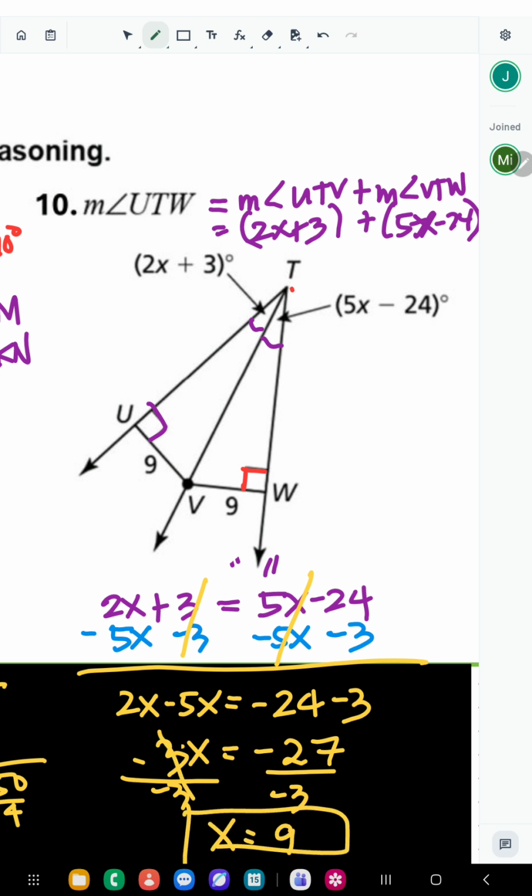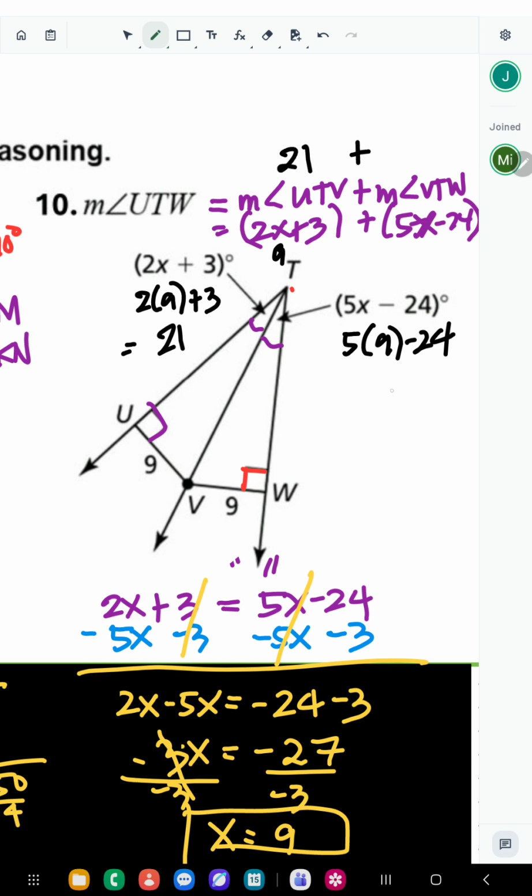And now we plug in the value of x here, which is 9. So this is 2 times 9 plus 3. And this is 5 times 9 minus 24. Okay, can you solve for that? 2 times 9 plus 3 is 21.